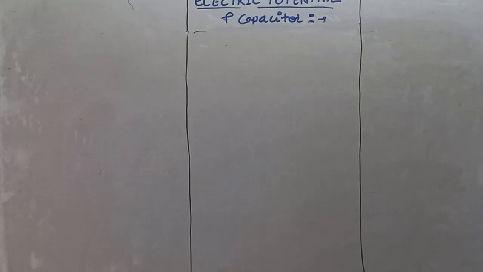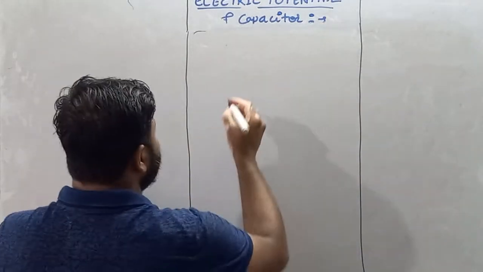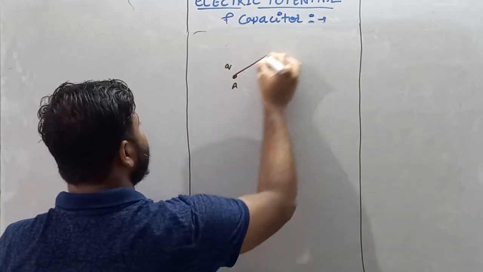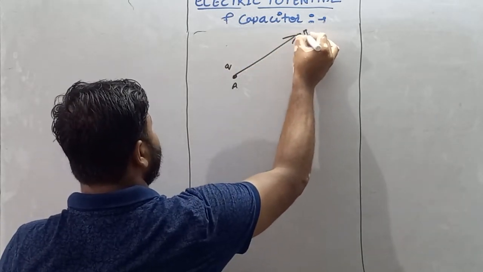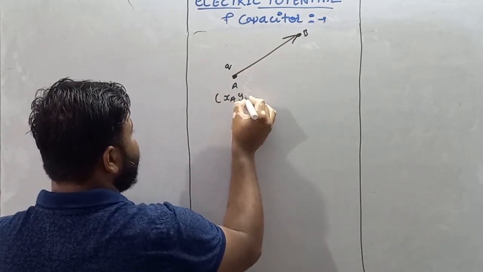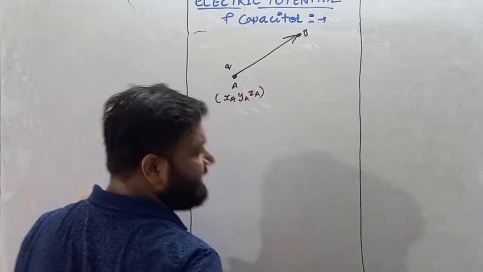So my dear student, just see, we have a point A, we are taking a charge Q from point A to point B. Let's suppose the coordinates of point A are XA, YA and ZA.